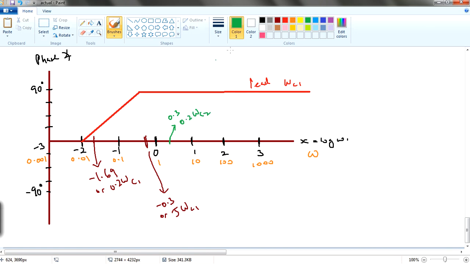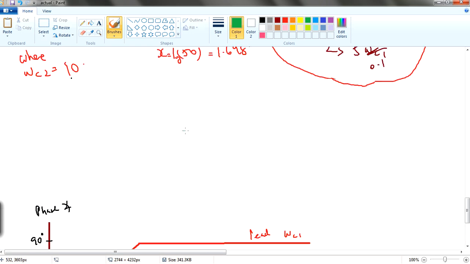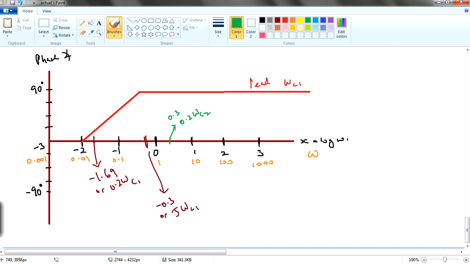The next position is 1.698, approximately 1.7, or 5 omega c2. From this point to this point, you will have a negative 45 degrees, which is the lag system. So I can also draw out that line.